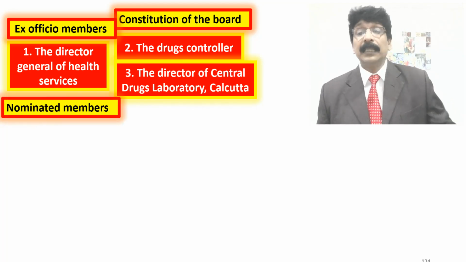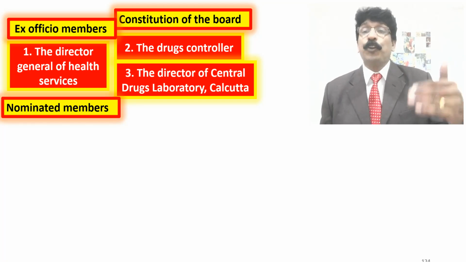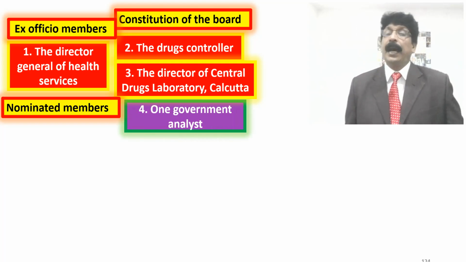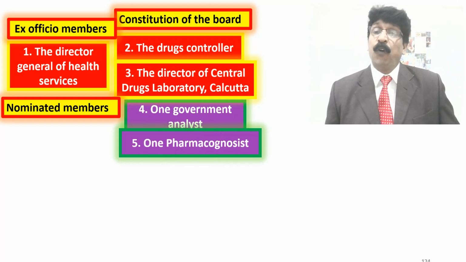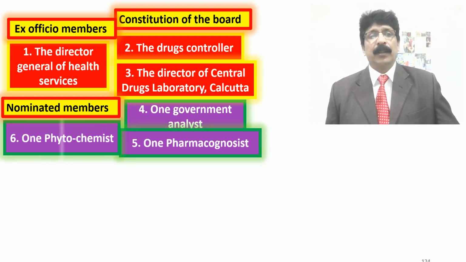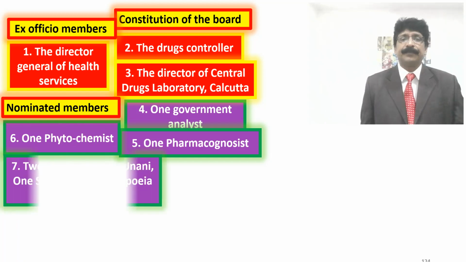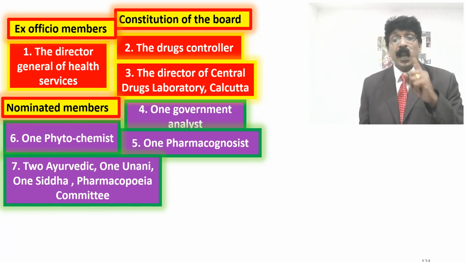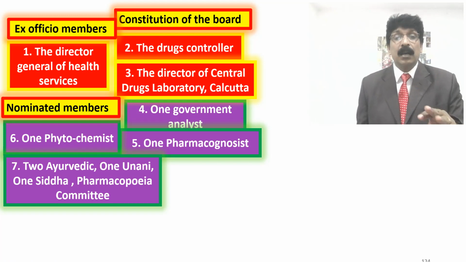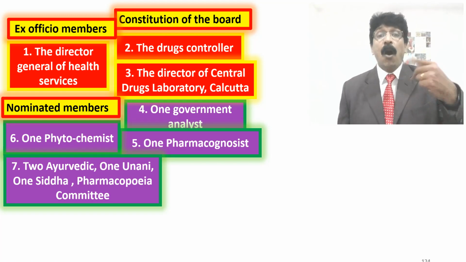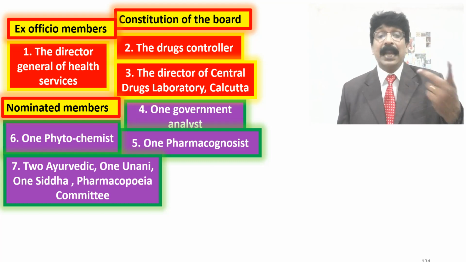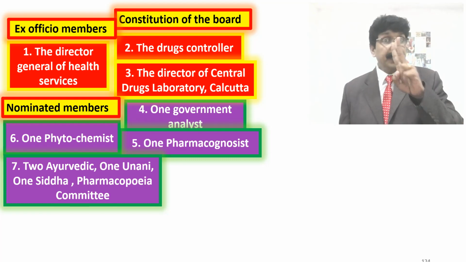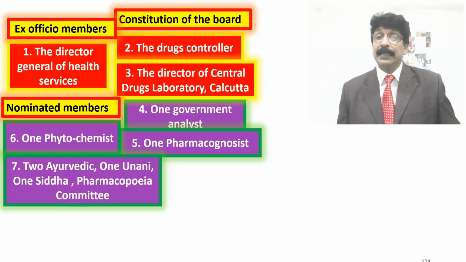They are the 3 ex officio members. Now the members nominated by the central government: 1 government analyst, 1 pharmacognosist, 1 phytochemist, and members from the Pharmacopoeia Committees. That means there are the Ayurveda Pharmacopoeia Committee, Unani Pharmacopoeia Committee, and Siddha Pharmacopoeia Committee. From them, Ayurveda 2, Unani 1 and Siddha 1.